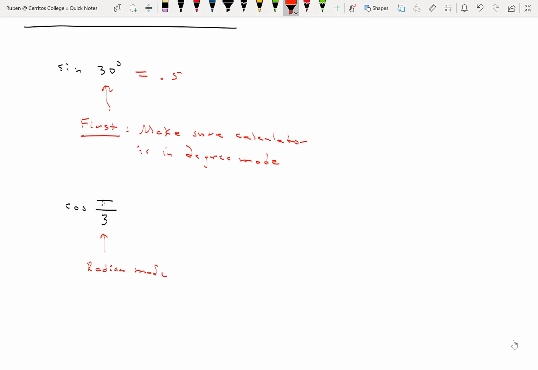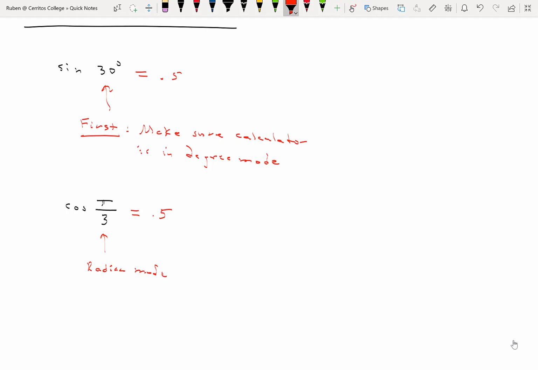Push enter. Then all you do is push cosine pi divided by 3, close parentheses, push enter. The cosine of pi over 3 is also 0.5.